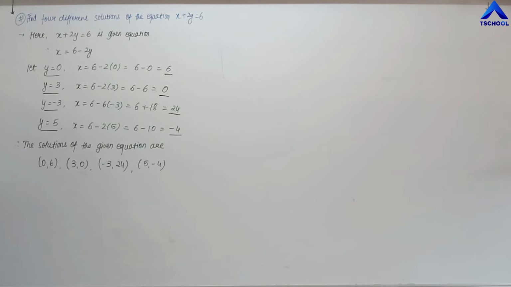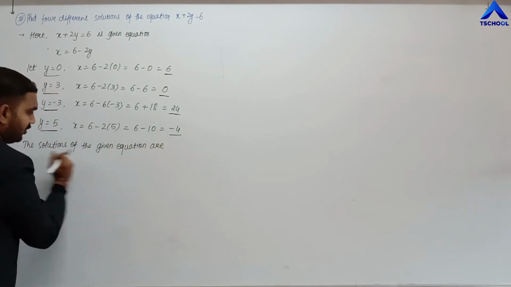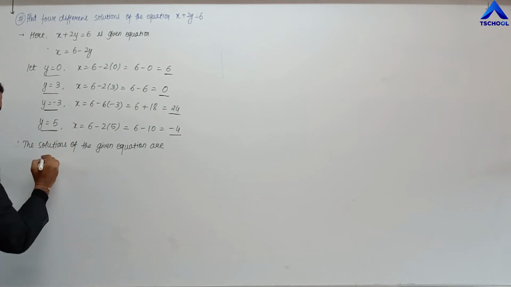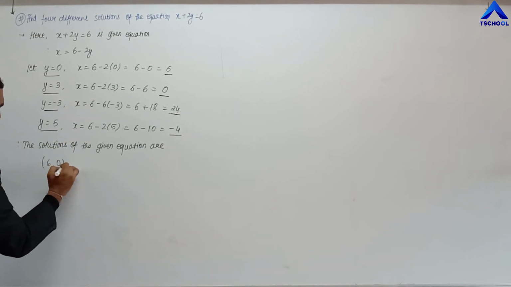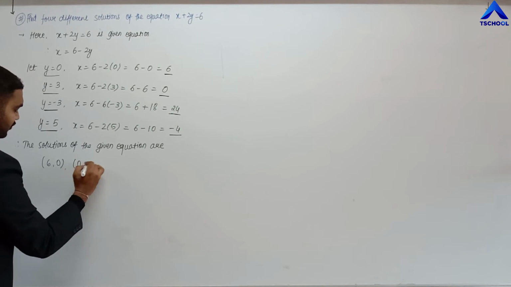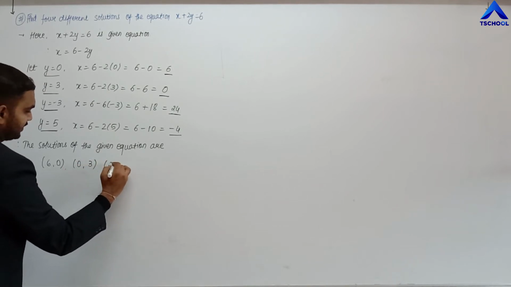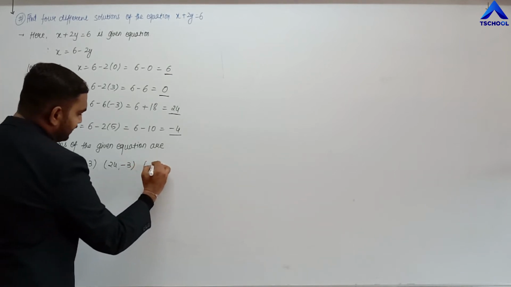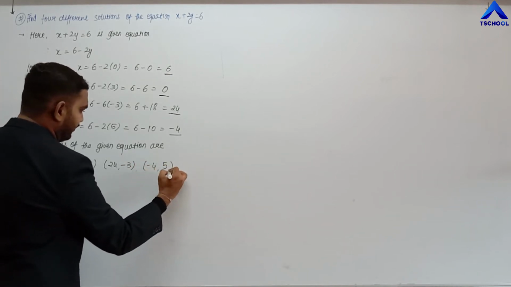Is 0, 6 satisfying over there or not? I have written it in the wrong manner, friends. My mistake, I'm sorry. First of all is 6, 0, then that would be 0, 3, then that is 24, minus 3, and the last one is minus 4, 5.